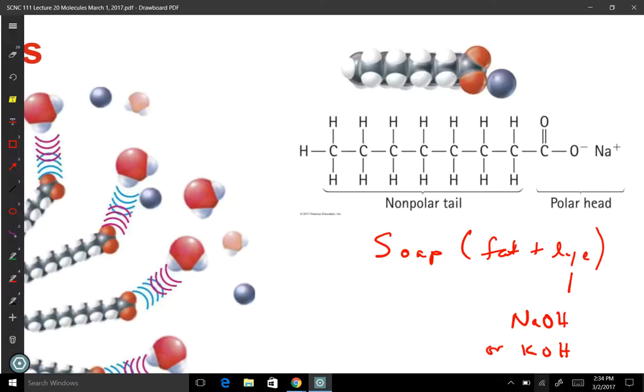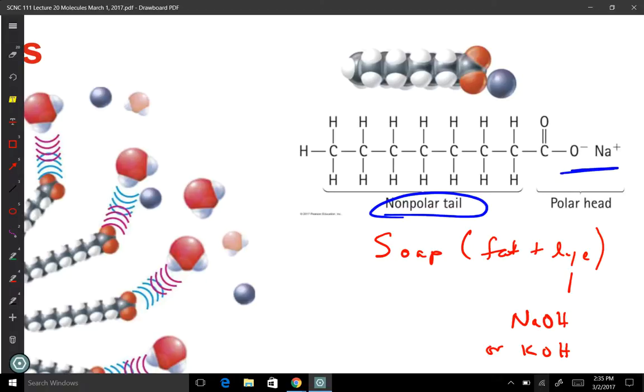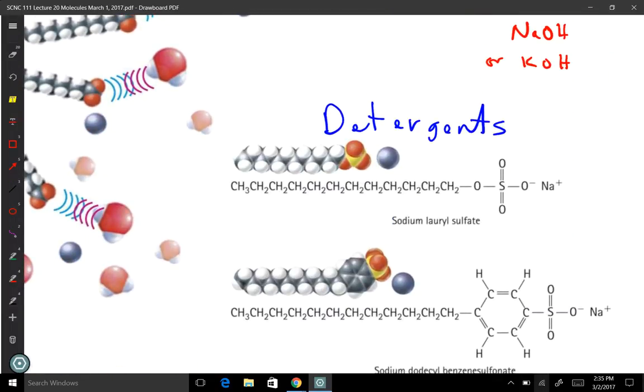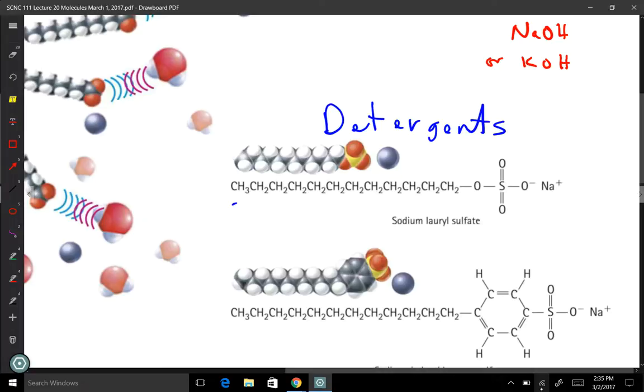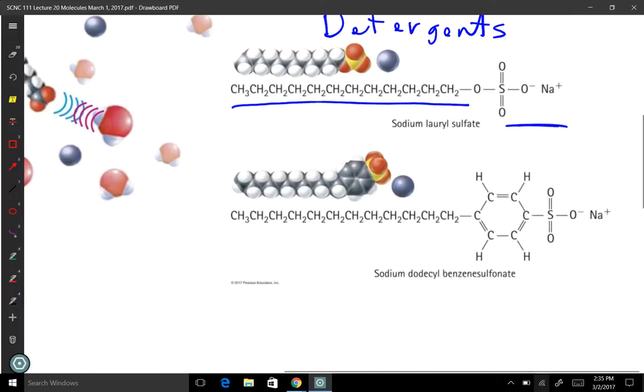Now I have here the actual chemical formula for soap, which has the nonpolar tail, the part that has that induced dipole attraction to the grime, and then the polar head with the sodium there that forms the bond with the dipole. Detergents are just a little more sophisticated. It still has the nonpolar tail, but then it has a more polar head so that it's just a little more effective. So detergents are more complicated forms of soaps.